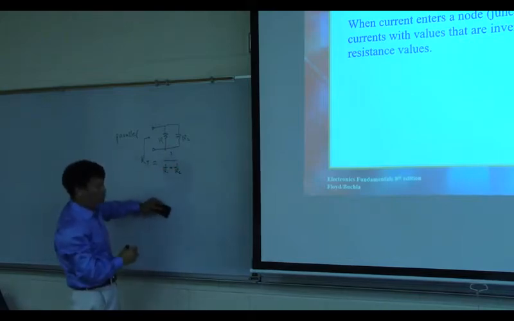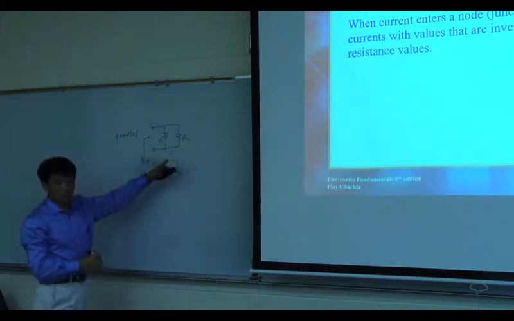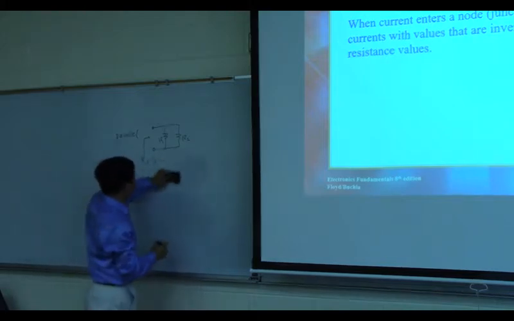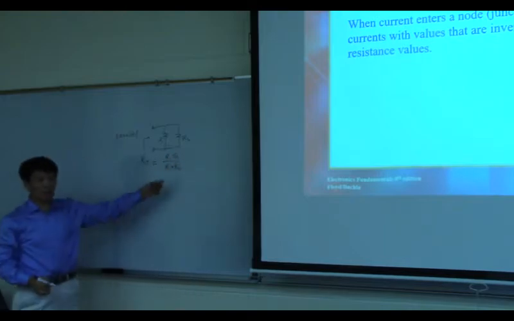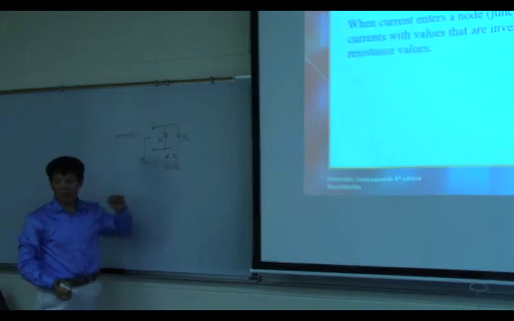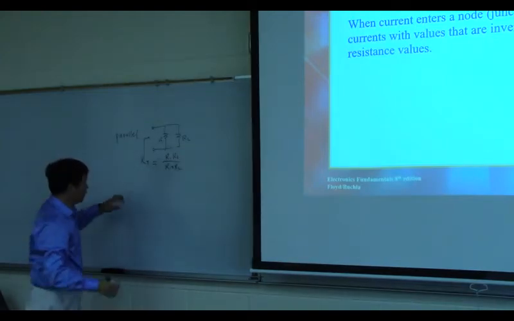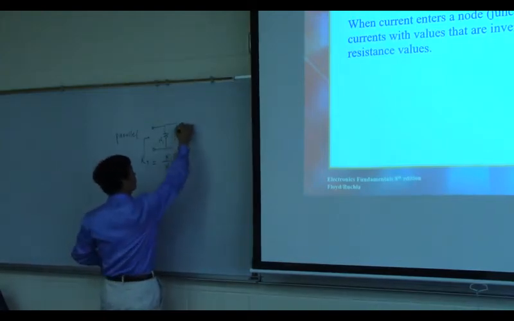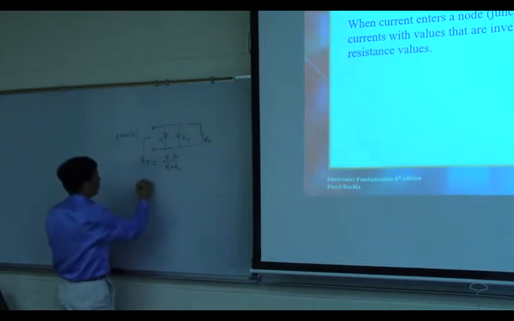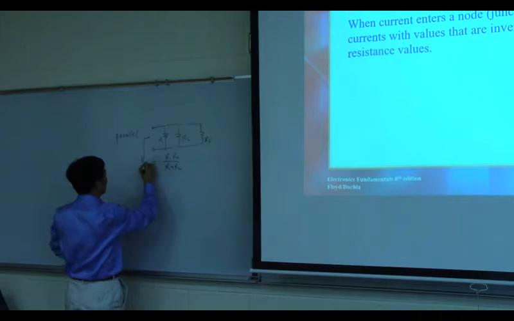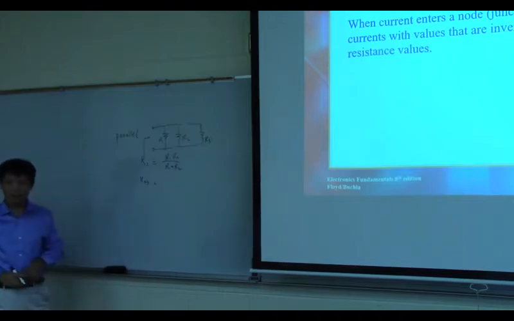But for two resistors, that's a very common situation, so we have RT equals R1 times R2 over R1 plus R2. So the product of the two divided by the sum of these two. If we have three, another one, R1, R2, R3, how do we do this?